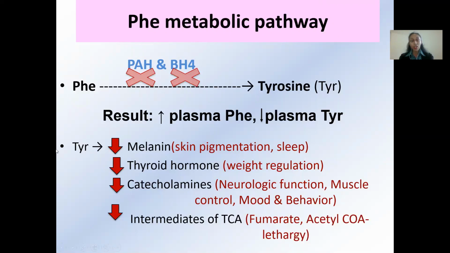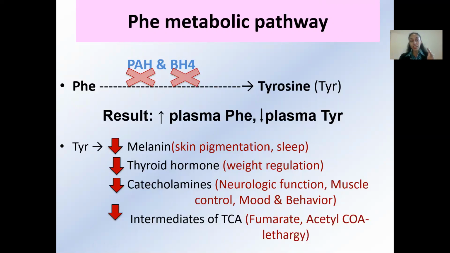What are they? So, low tyrosine level. Now, tyrosine, if it is normal, has various physiological functions that it supports. But in PKU patients, as we know, the blood tyrosine levels are low because you are not getting sufficient tyrosine from phenylalanine conversion.